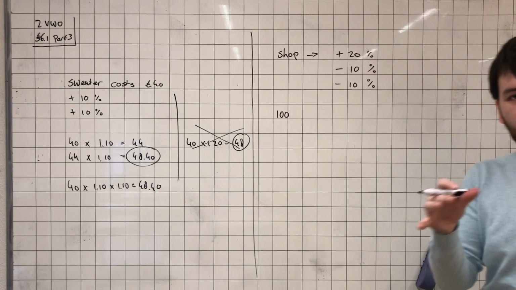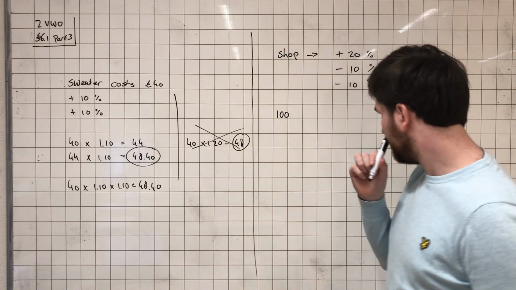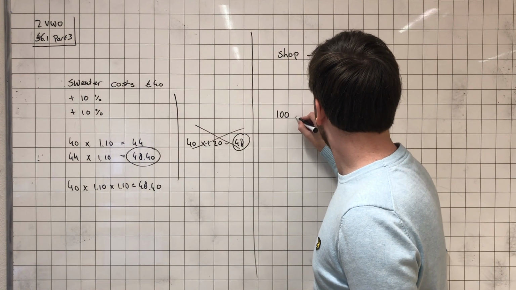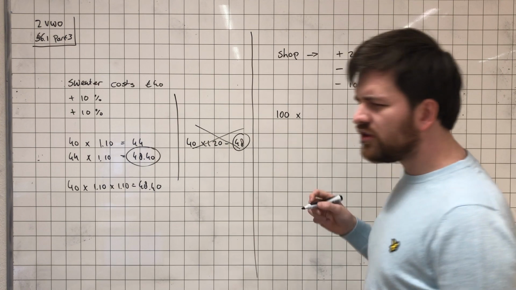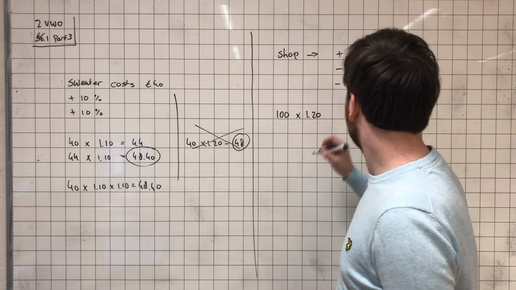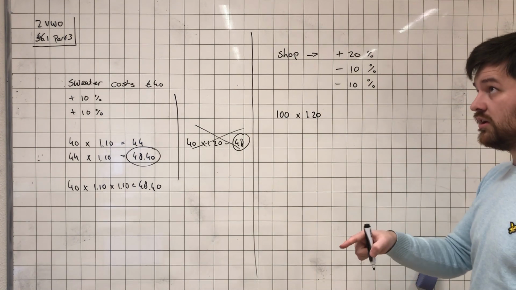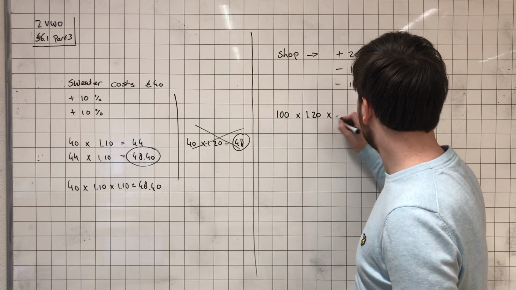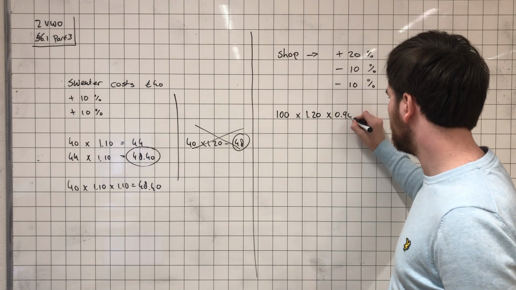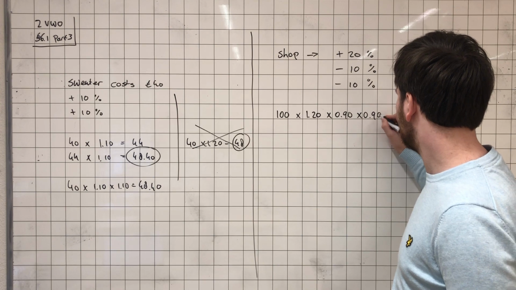Usually when you don't know a starting price, always use 100 because that's usually helpful. If something increases with 20%, you can multiply with 1.20. If something decreases with 10%, then you have to pay 90%. So you can multiply with 0.90. Once again, times 0.90.